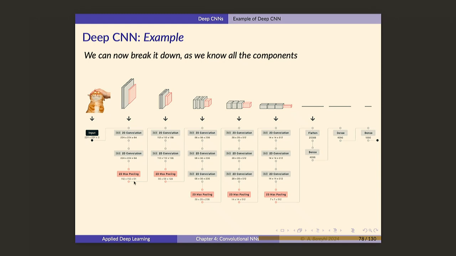So the padding length is 1. And then the filter size is 3 by 3, so you're going to keep the dimension as it was. Then when you do pooling, of course, you do it on every single map, right? You still have 64 different maps, but now the dimension of every single map is halved, right?